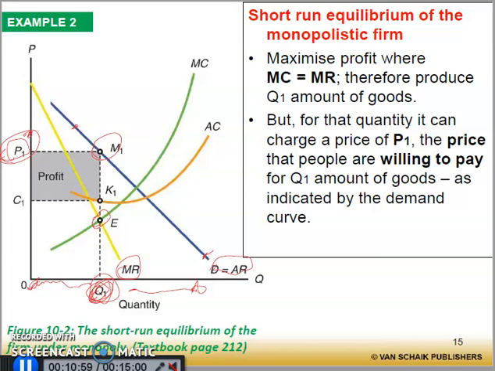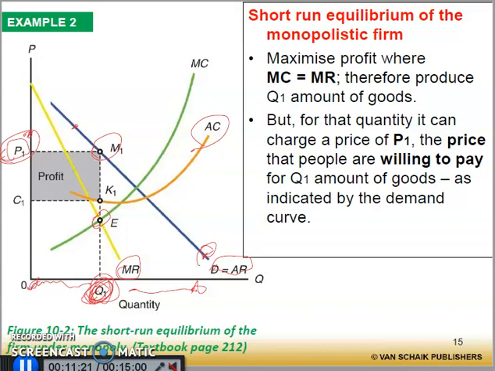In our figure, the monopolist's average profit per unit of output is shown by the difference between average revenue and average cost at Q1.